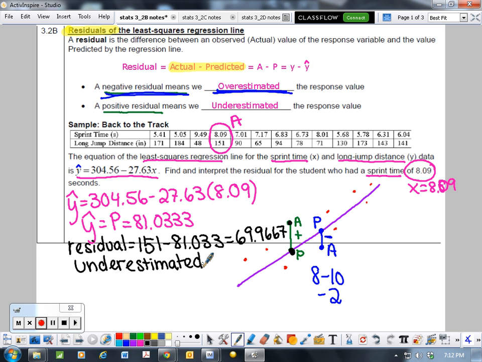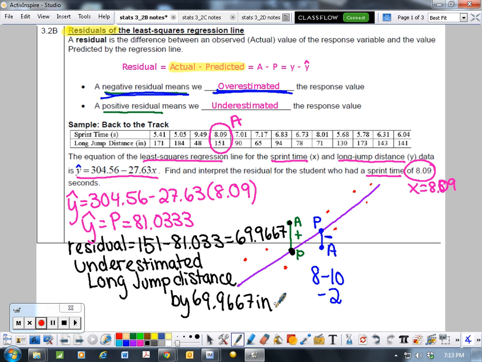And what did I underestimate? I underestimated what's happening with the y. So I underestimated the long jump distance by 69.9667 inches.